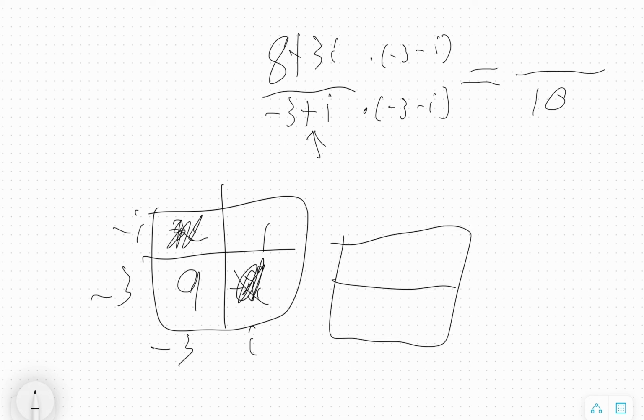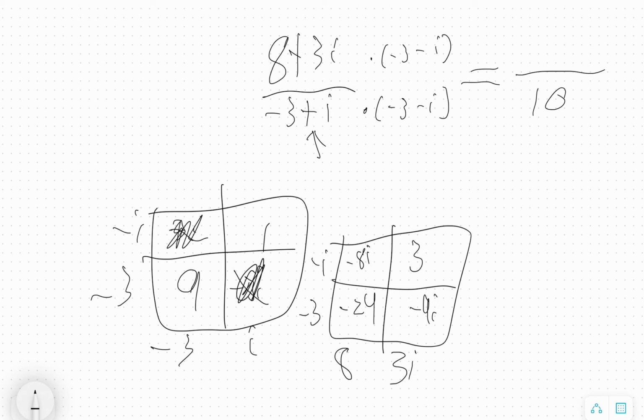Now let's multiply the other part. 8, 3i, negative 3, negative i. Negative 3 times 8 is negative 24. Negative 3 times 3i is negative 9i. 8 times negative i is negative 8i. 3i times negative i is negative 3i squared. i squared is negative 1, and negative 1 times negative 3 is 3.